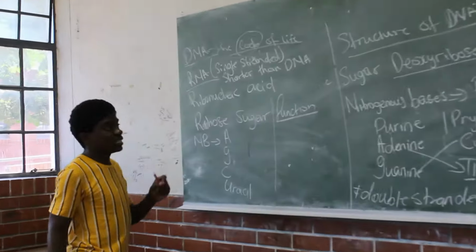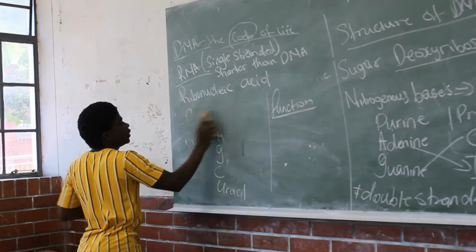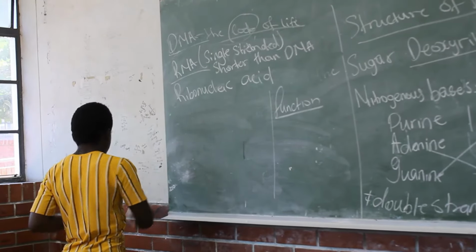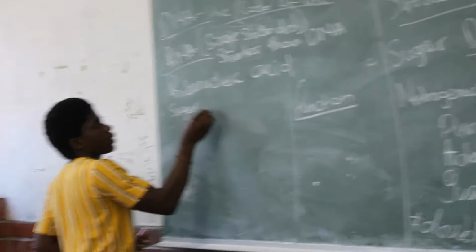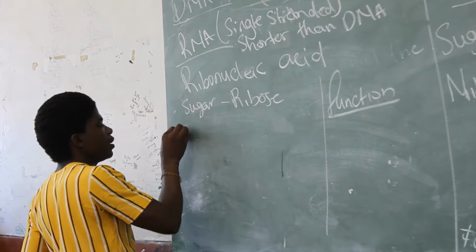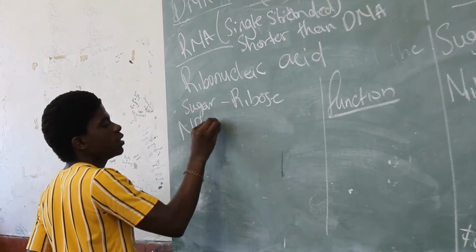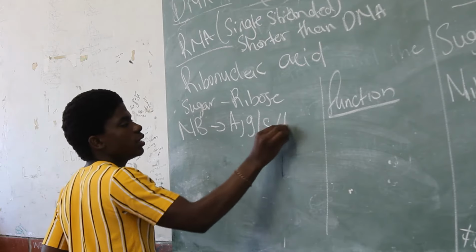There are 3 types of RNA. So the sugar is ribose sugar, and the nitrogenous bases are adenine, guanine, cytosine, and uracil.